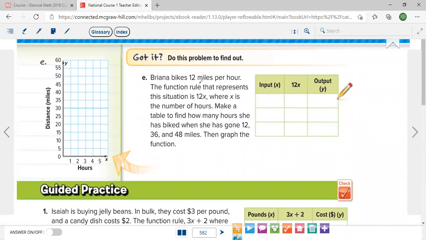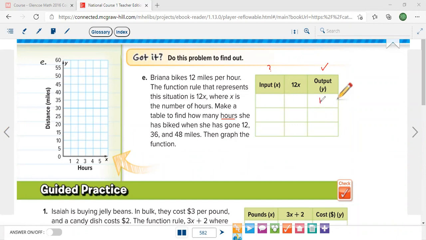The function rule that represents this situation is 12x, where x is the number of hours. Make a table to find how many hours. So we need the x, and we will give you the y. Make a table to find how many hours she has biked when she has gone 12, 36, 48 miles.